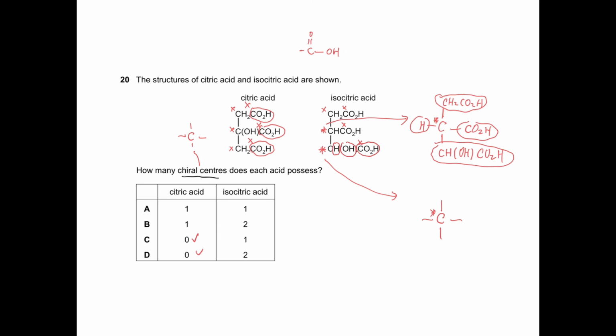Okay, so these are the 3 different groups. So I write down H, OH, CO2H, and on top of that we have this big group, which is CH(OH)CO2H and CH2CO2H.